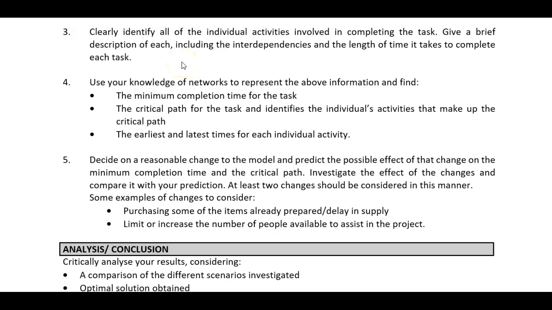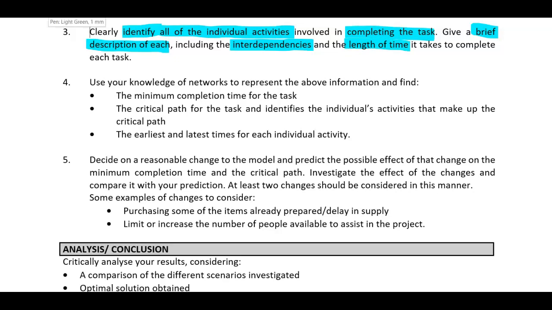Now make sure that you can identify all of the individual activities involved to complete the task, and give a brief description of each of the activities, interdependencies, that means the relationship between the activities involved, whichever is the predecessor and so on, and also the length of time, and do remember to give the unit.